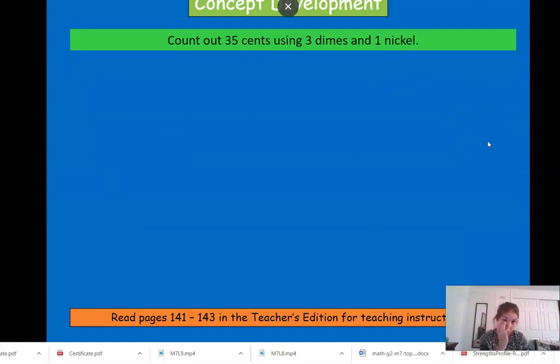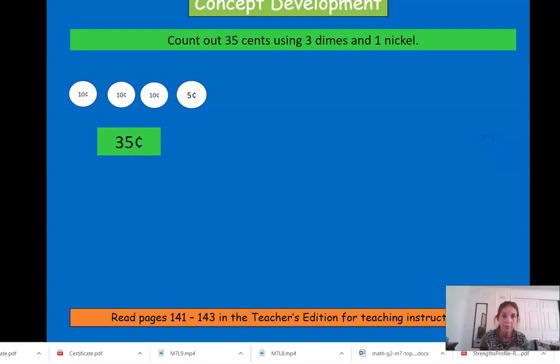So now I want you to count out 35 cents using 3 dimes and 1 nickel. So you're going to put 3 dimes and 1 nickel together to make 35 cents. 10, 20, 30, 5. 35 cents.